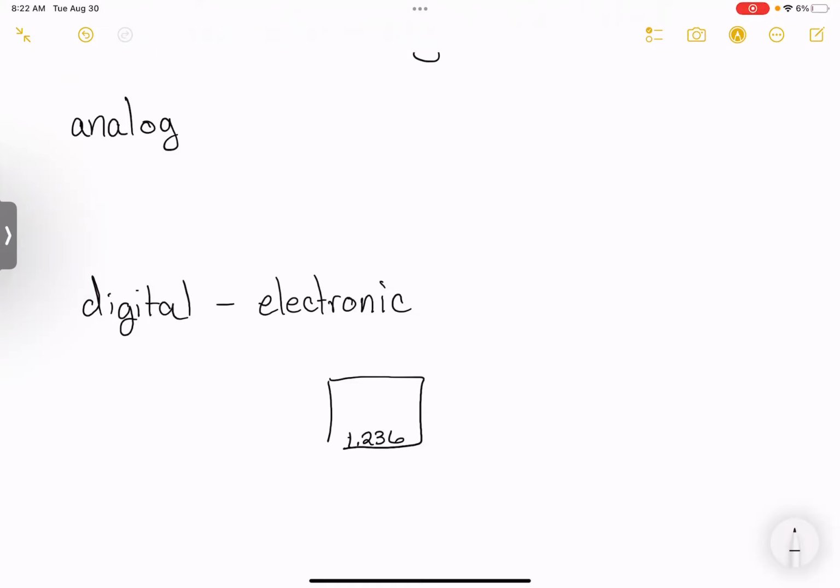The measurement would be 1.236, but for the uncertainty, you're going to simply put a 1 in the last decimal place. So because this balance read to 3 decimal places, the 1 goes in the 3rd decimal place.